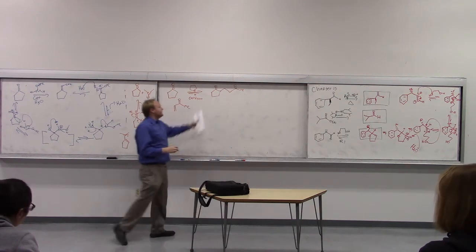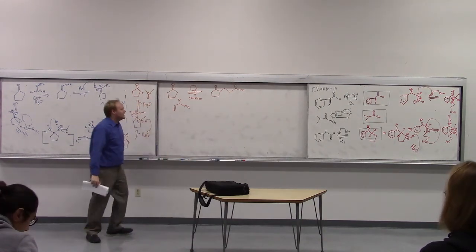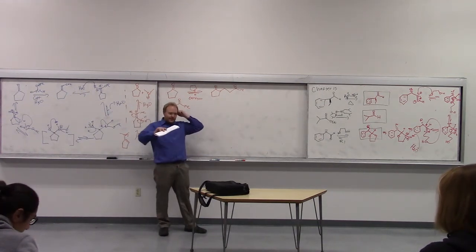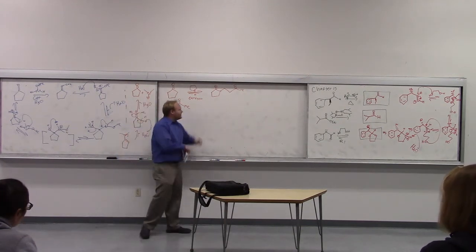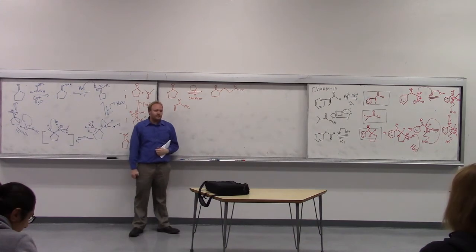So this is just a Michael addition. Of course, this is a Michael addition that could probably do a Robinson annulation, but let's not worry about that now. So if I were to give you this Michael addition on an exam, how would you draw the mechanism for it?